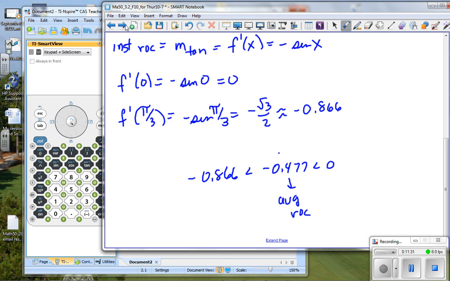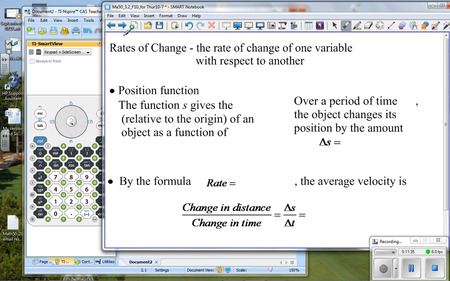Okay, we're going to move on to the next problem and talk about rates of change. And our rates of change are one variable with respect to another. Let's just kind of identify, it's the rate of change of the output with respect to the input variable.